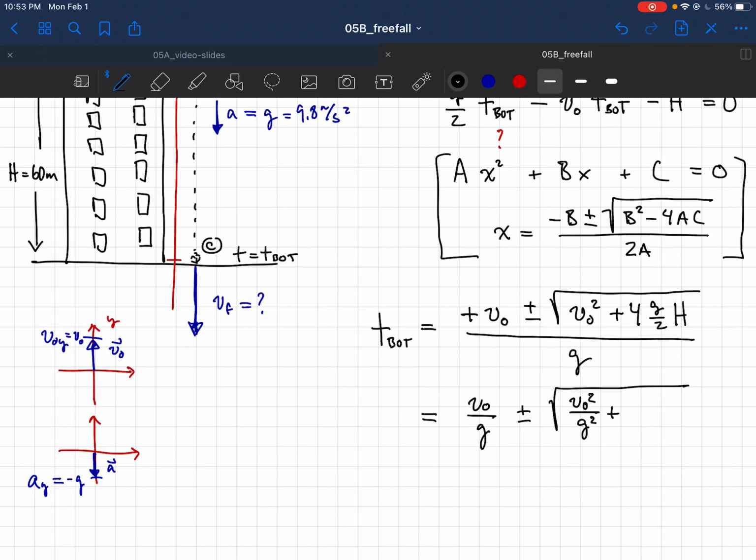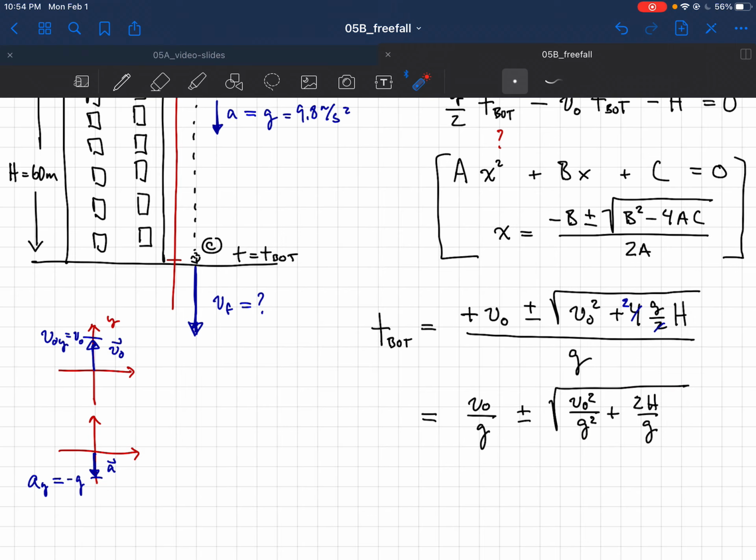So that's 2gh over g squared, so it's going to be 2h over g. Okay, so that tells me what t is. It's a quadratic equation, so it gave me two solutions.